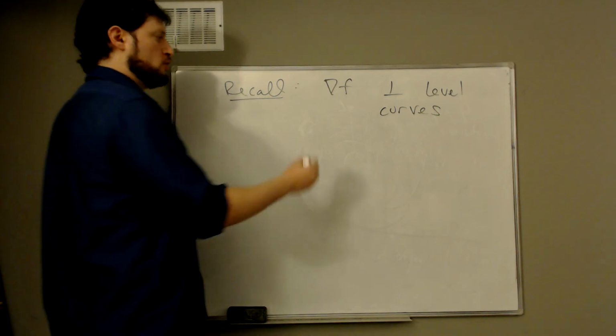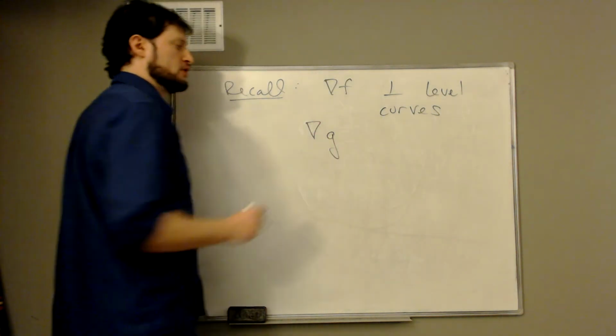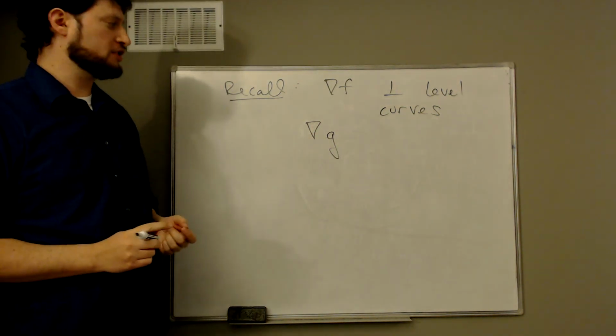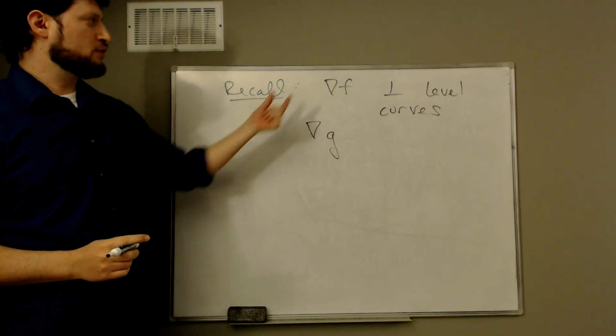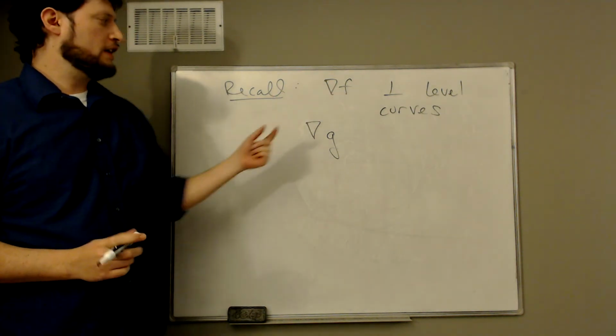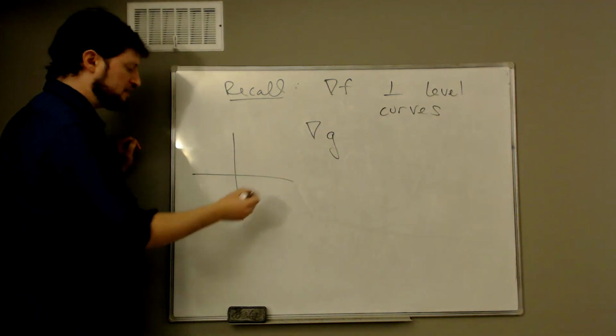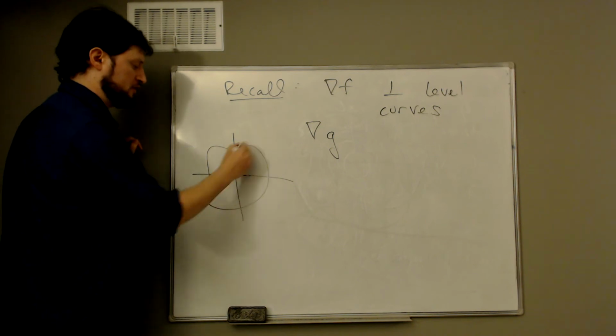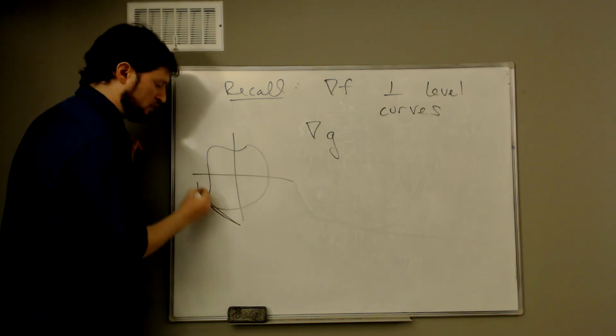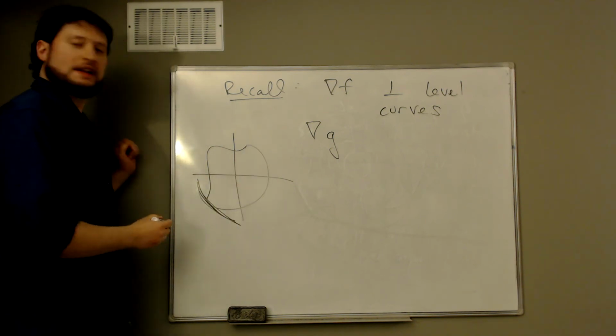We can also look at grad g, the gradient of our constraint function g. If the level curves have to be tangent to the constraint curve, so I've got my constraint curve, and I have this level curve here that's tangent right at that same place.